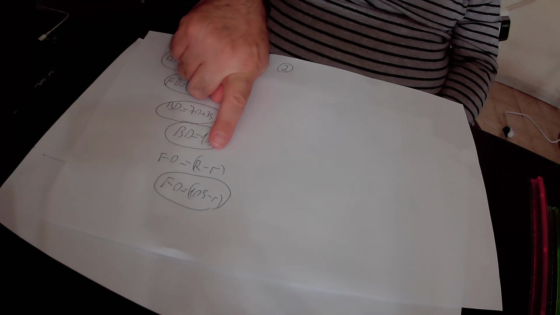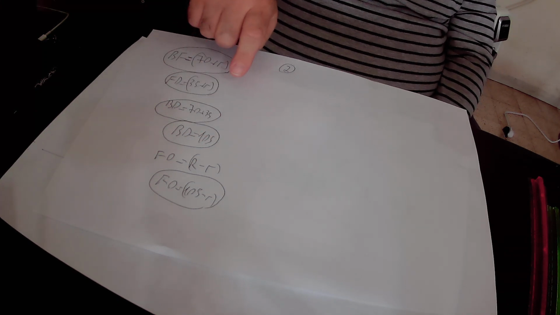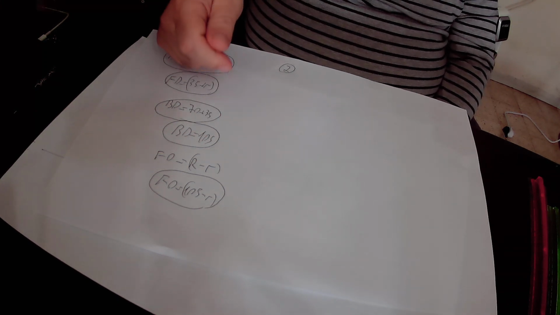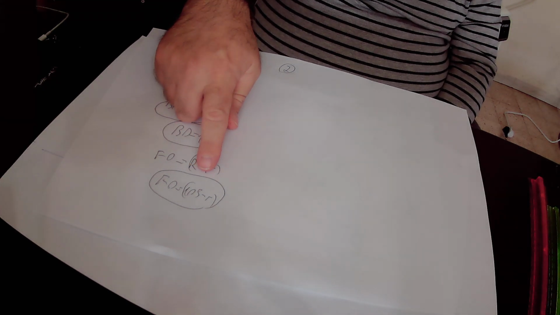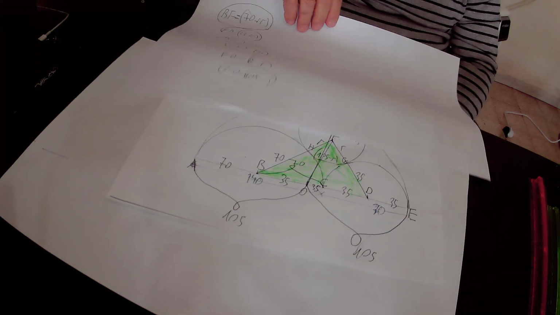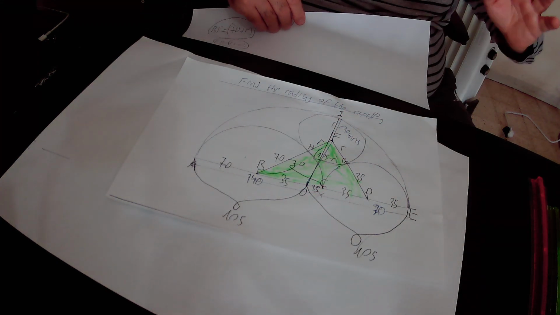FO equals capital R minus small r, that is the distance between their centers. Capital R is 105, so we substitute capital R by 105, and in conclusion we found out that FO equals 105 minus r units. Here, this line segment FO equals 105 minus r units.